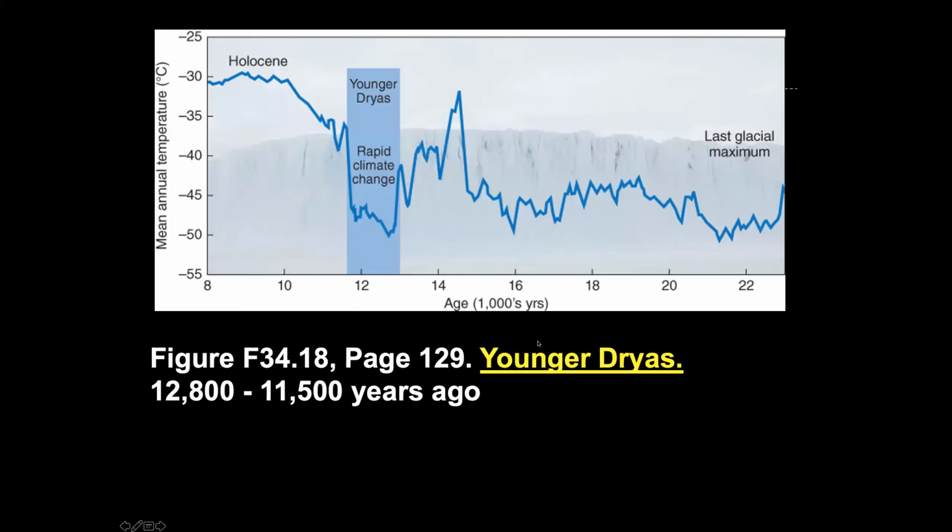And here's the idea. This is 8,000 years ago, 10,000 years ago, 12,000 years ago, all the way to 22,000. This is when glaciers were thick throughout most of North America, Canada, the US. Then we began to come out of the ice age. We began to warm up. And then there was this rapid period of cooling again, followed by warming.